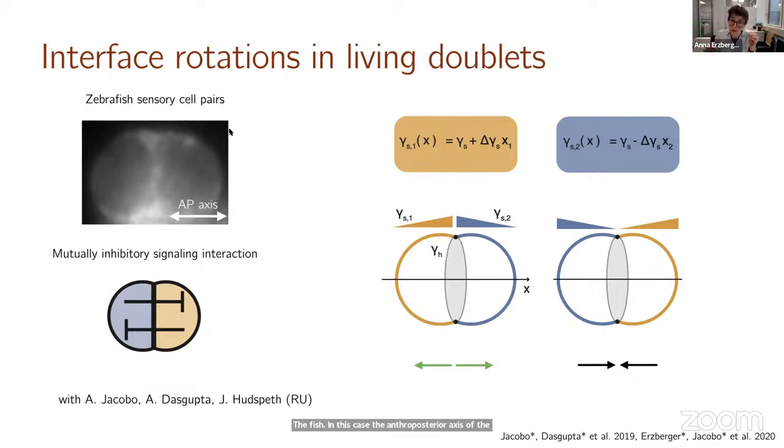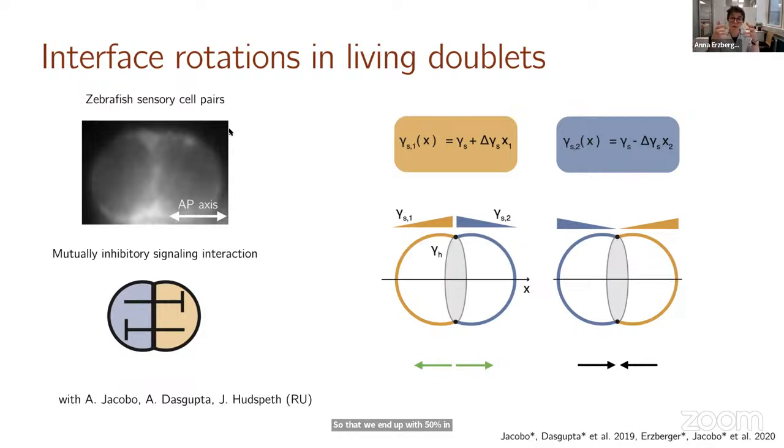But the sign of the gradient, so whether it points in the positive direction or the negative direction, is set by this mutually inhibitory interaction, which we thought was unbiased in the sense that the doublet does not know about its own orientation relative to the organ or the fish axis. Rather, it is just a matter of tug of war. One of them wins, and 50-50 which one, so that we end up with 50% in each possible configuration.